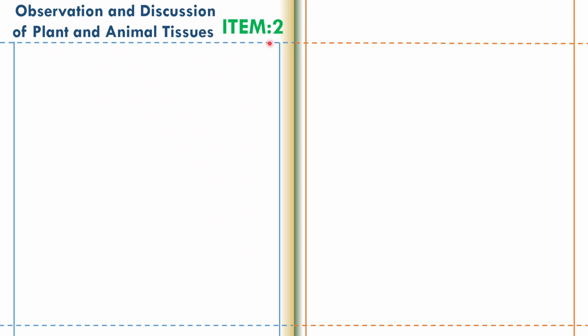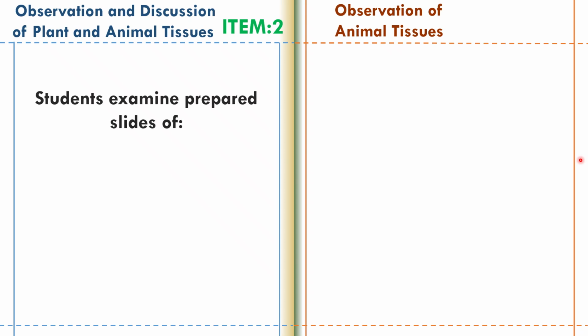Item 2. We are looking at the observation of animal tissues. Students examine prepared slides of epithelial tissues, connective tissue.